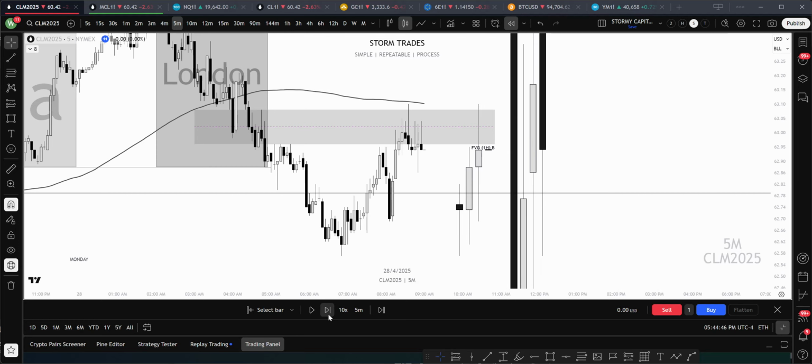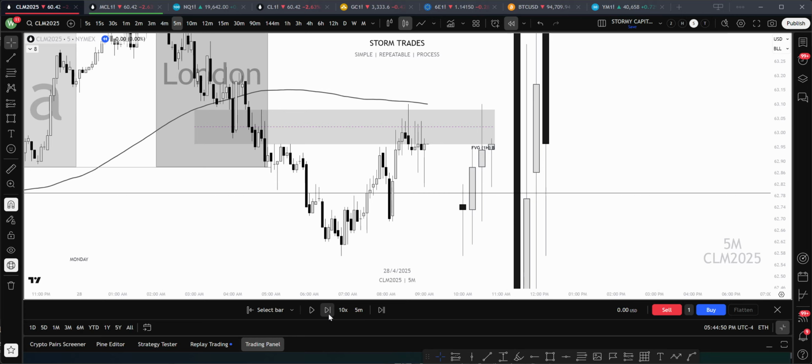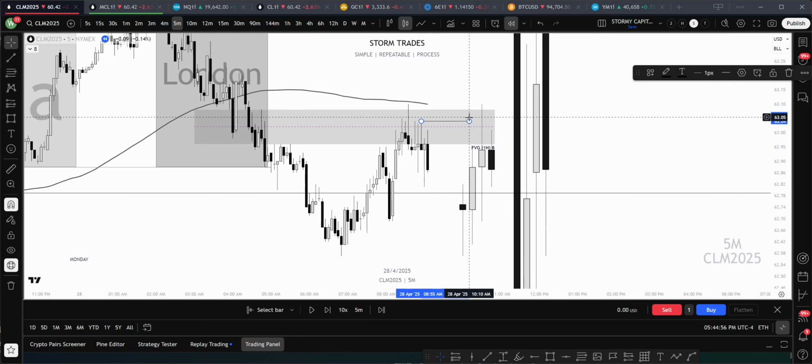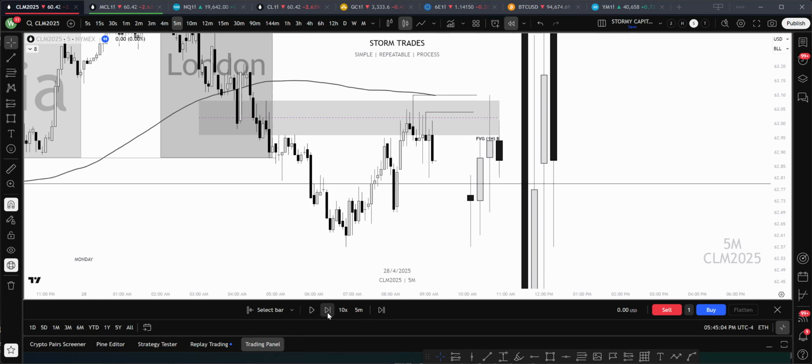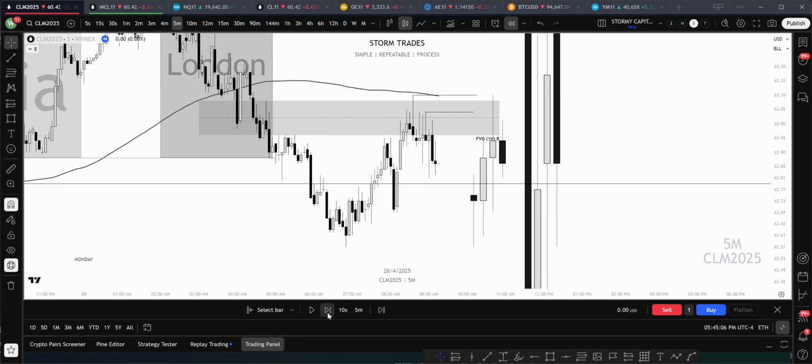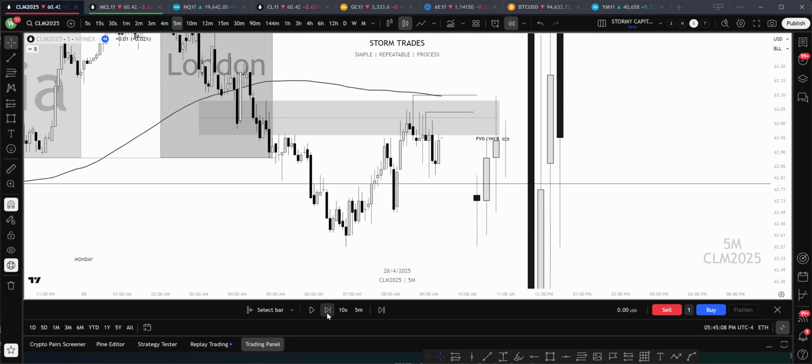Okay, so let's move price a little bit here. We're watching, and we're taking note of any swing highs that get run. So far, there's nothing.